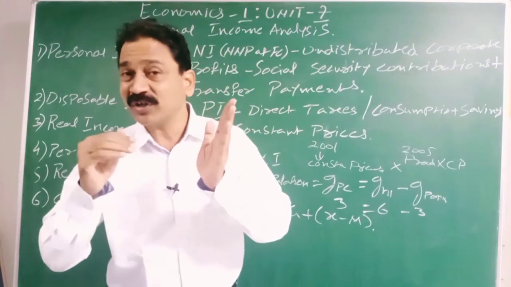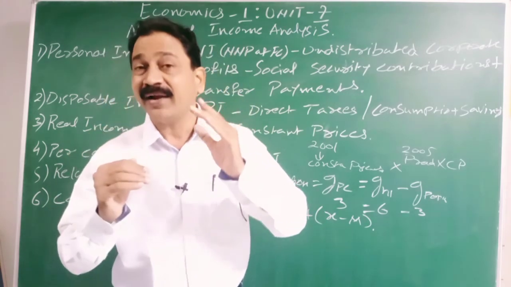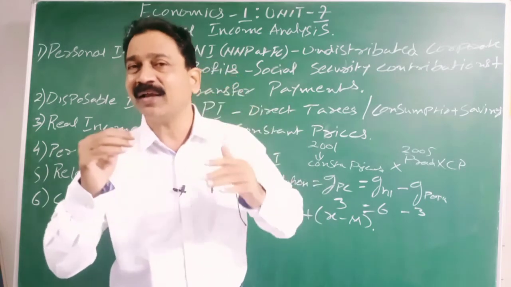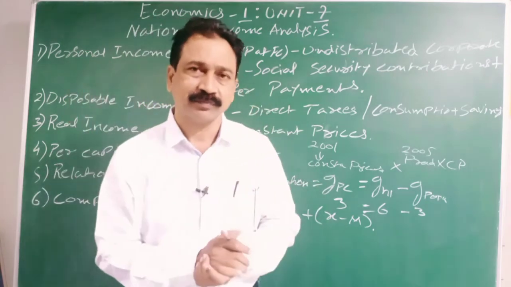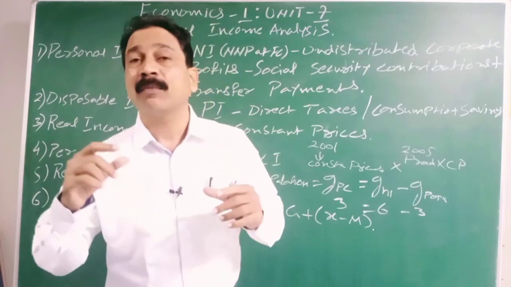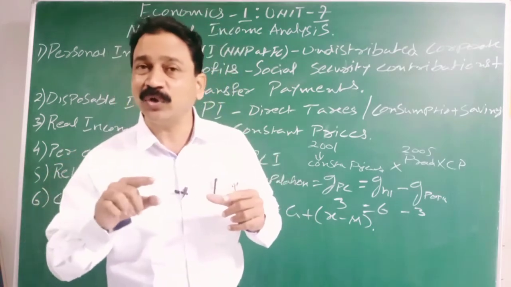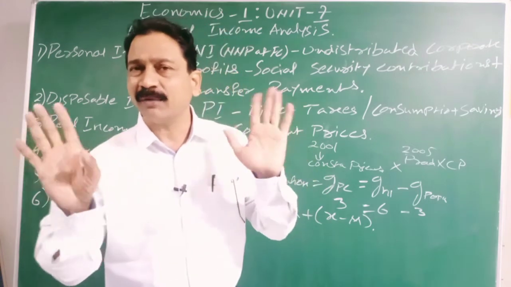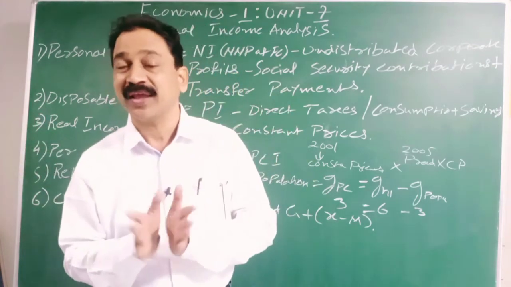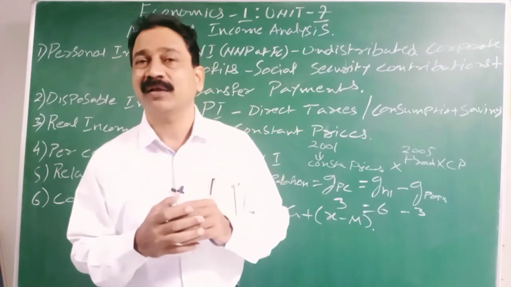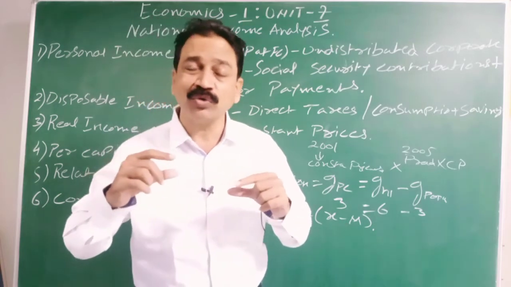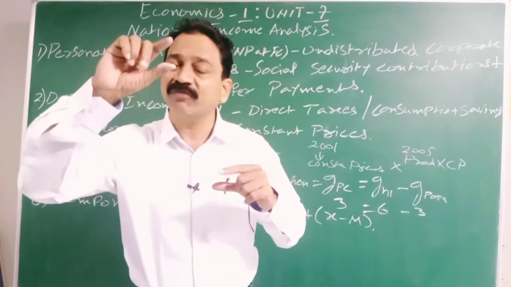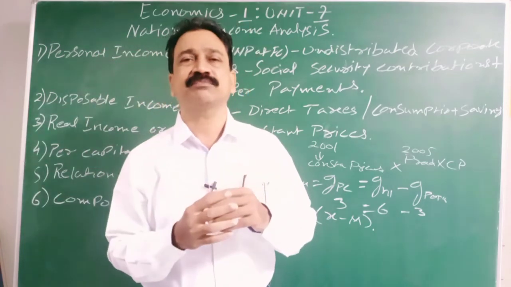If population growth rate is less and national income growth rate is more, then per capita income growth rate will be higher. If population growth rate is equal to national income growth rate, then there is no per capita income growth. Let us see the negative side: if population growth rate is greater than national income growth rate, then per capita income will decrease.